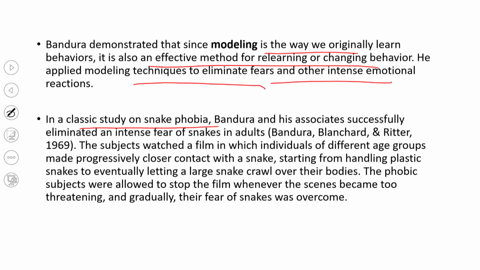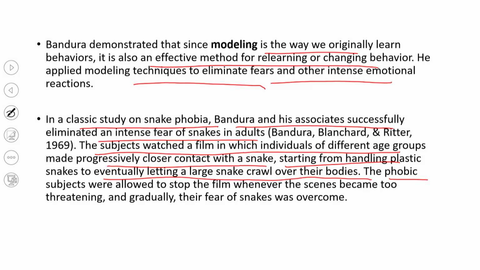In a classic study of snake phobia, some people had very strong snake phobia, for example. Bandura and his associates successfully eliminated this intense fear of snakes in adults by using modeling only. The subjects watched a film in which individuals of different age groups made progressively closer contact with the snake, starting from handling plastic snakes to eventually letting larger snakes crawl over their bodies.